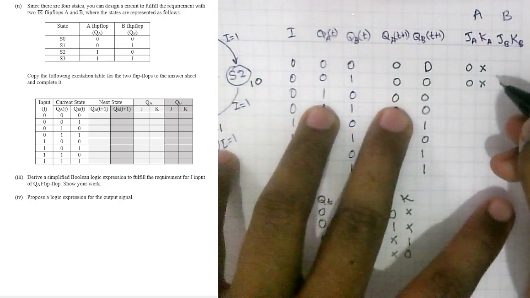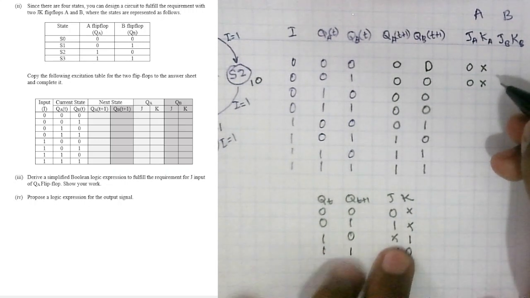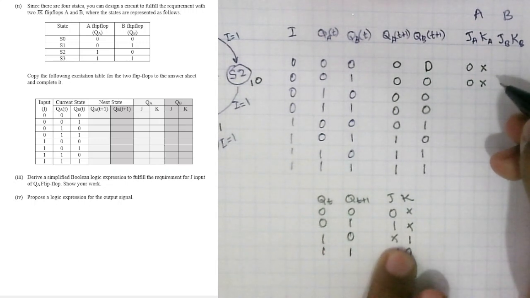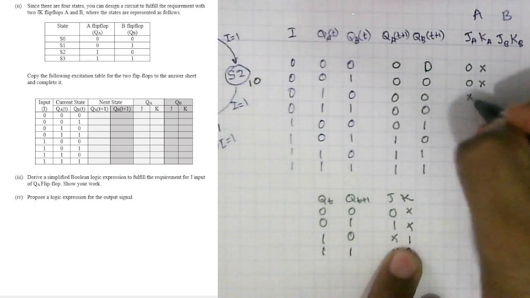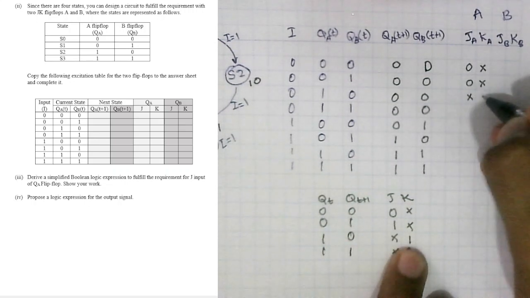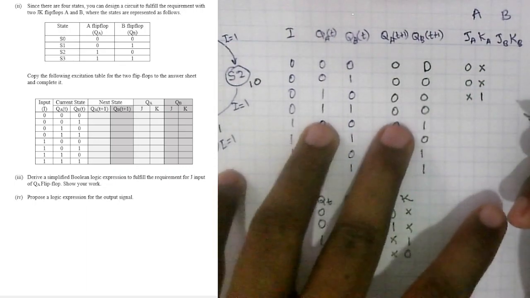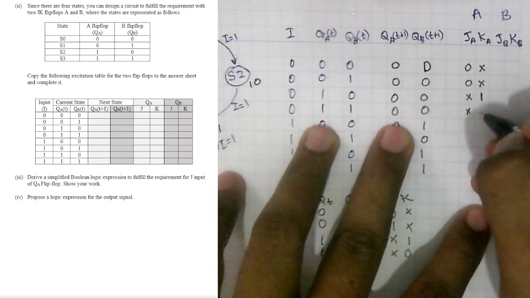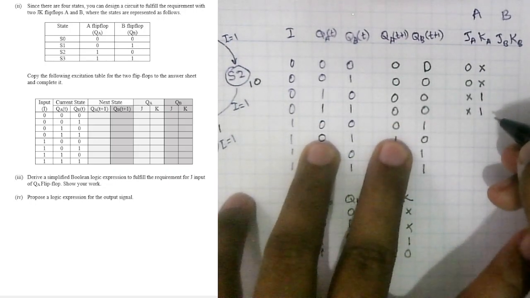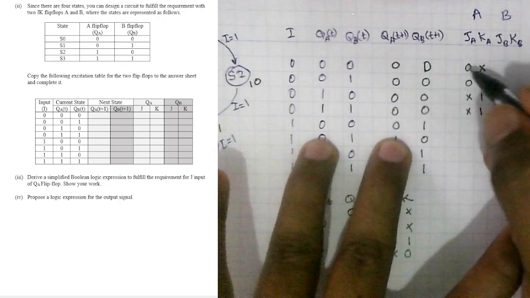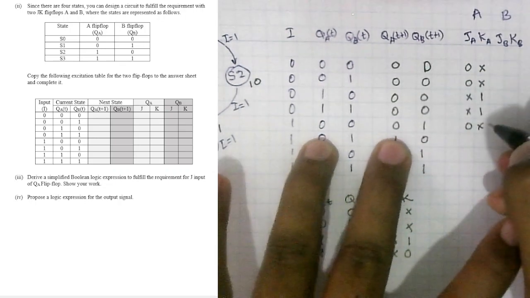If it is 1 to 0, you can see here what the transition is: J is going to be don't care, or X, and K is 1. So don't care, 1. Then how about 1 to 0? Again, don't care, 1. Again 0 to 0 is similar to here, so it's going to be 0, X.